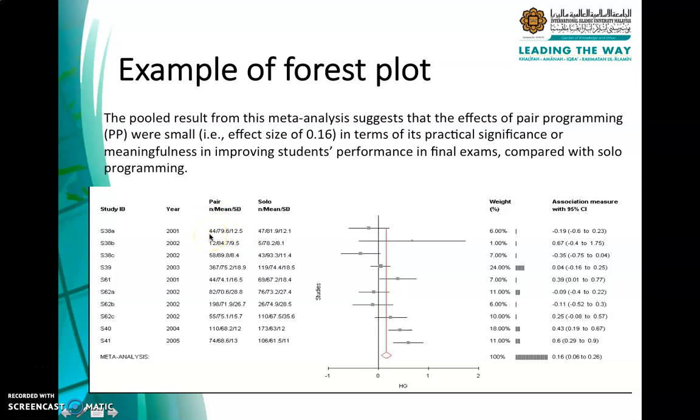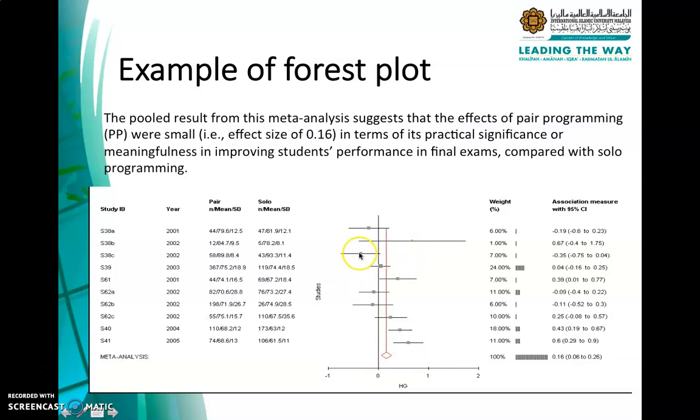If you notice, the forest plot is telling you the effect size for each individual study, as you can see in this small rectangle. This small rectangle tells whether the effect size is positive or negative, supporting or not supporting.